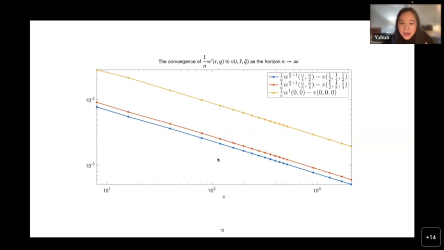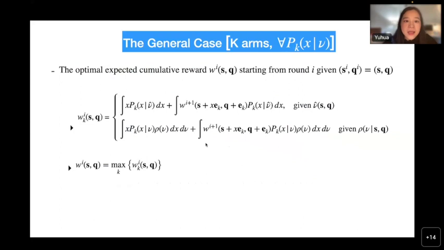For n equal to 100, the error between these two terms is already pretty small. Up to now, this is only the illustrative example for this one-armed bandit problem.